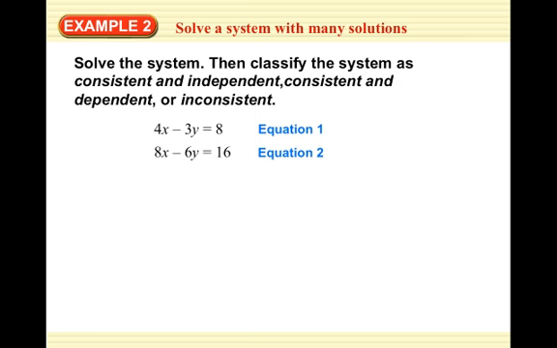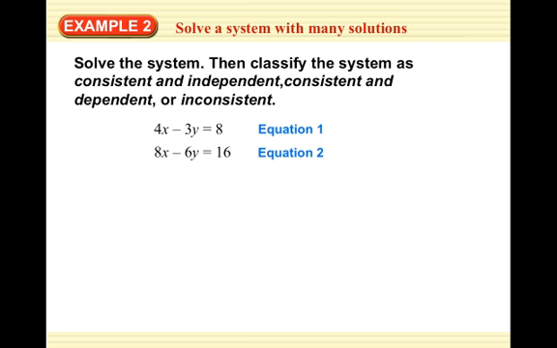So go ahead, take a couple of minutes and pause the video and graph your lines. Do you have your lines graphed? Okay. Again, the way I did it, since they're in standard form, is I found the two intercepts for each line.